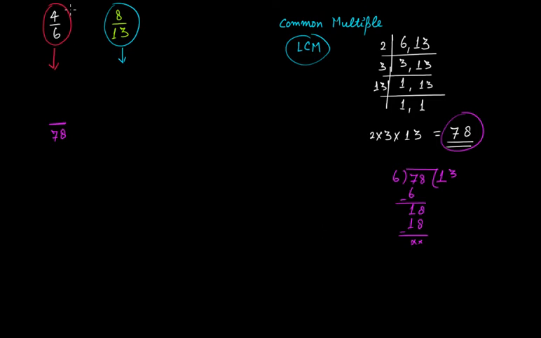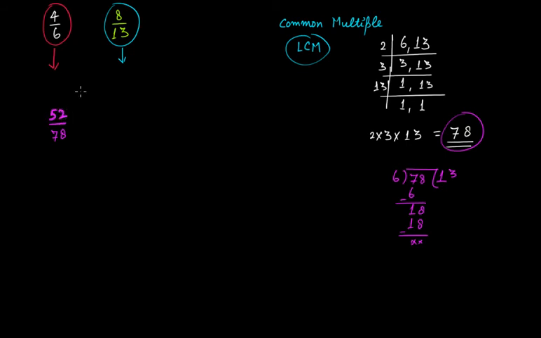If you are writing the equivalent fraction of this particular fraction having denominator 78, to make the denominator 78 you have to multiply 6 by 13. Therefore, you will multiply the numerator, that is 4, also by 13. And if you multiply 4 by 13, that will give you 52.